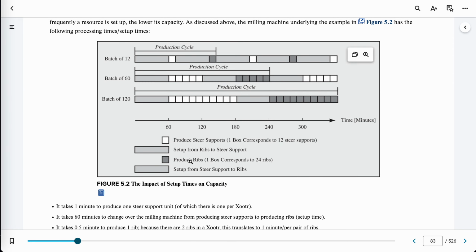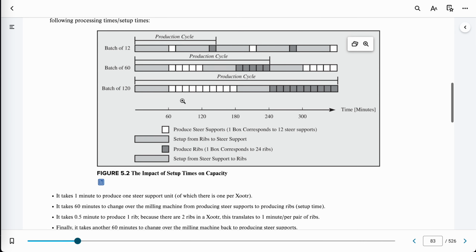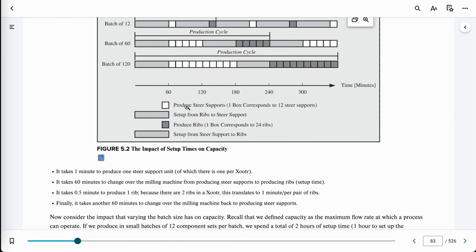When you move over from producing steers to producing ribs, it actually takes a while. It takes 1 minute to produce 1 steer support, which we need 1 per zooter, and it takes 60 minutes to change the milling machine. So it's a whole hour to change the milling machine from producing steer supports to producing ribs.